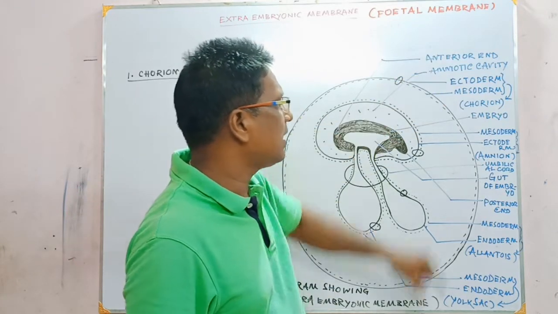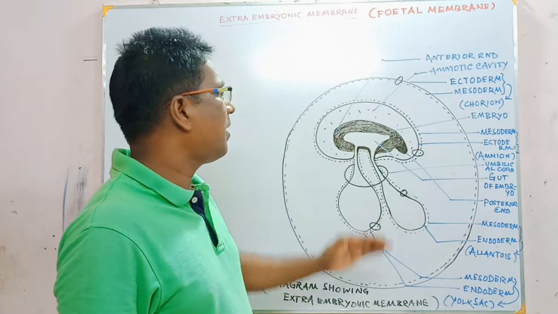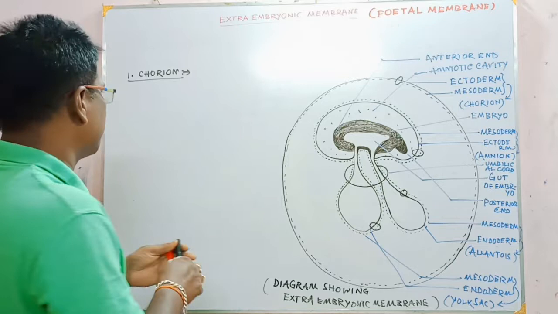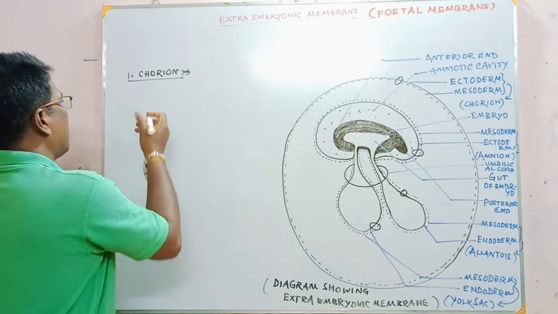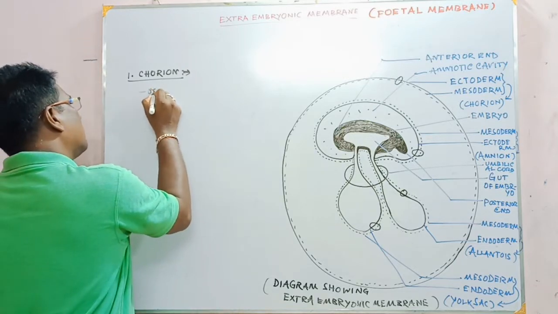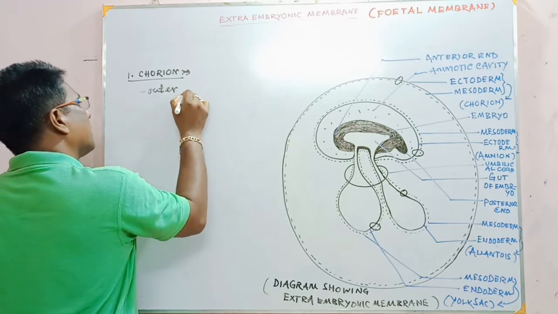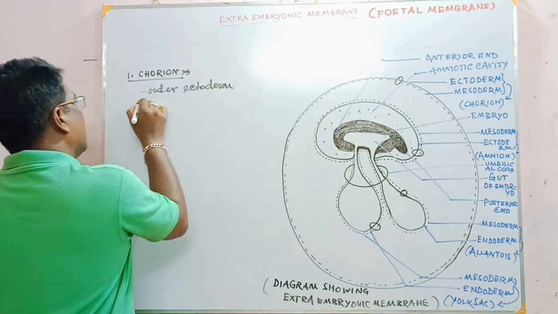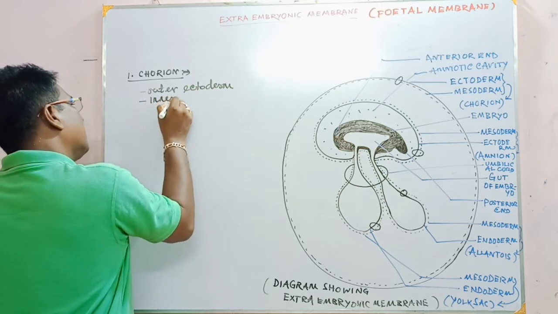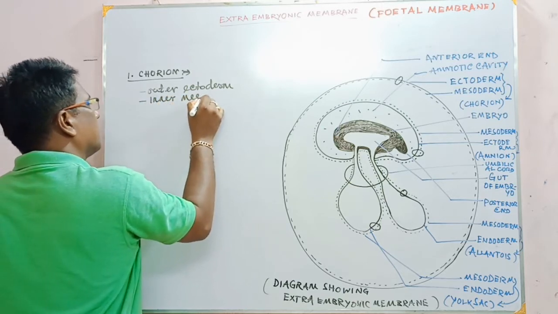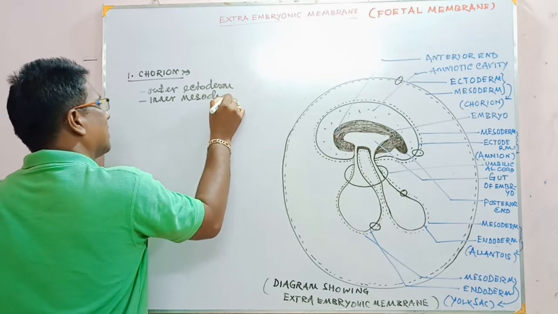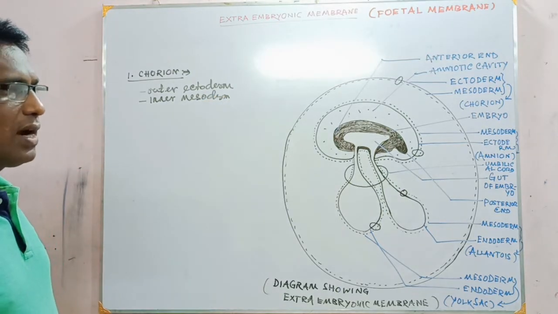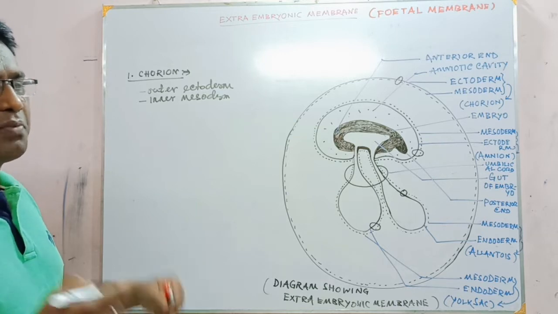This chorion is formed of outer ectoderm and inner mesoderm. The ectoderm is derived from the trophoblast, and the somatopleuric mesoderm is there.